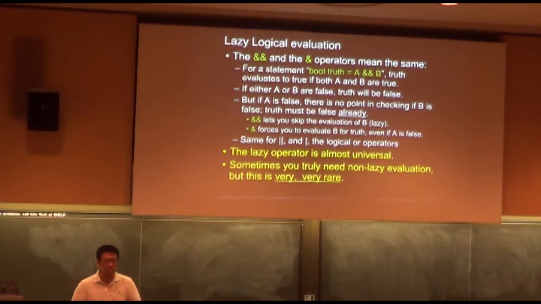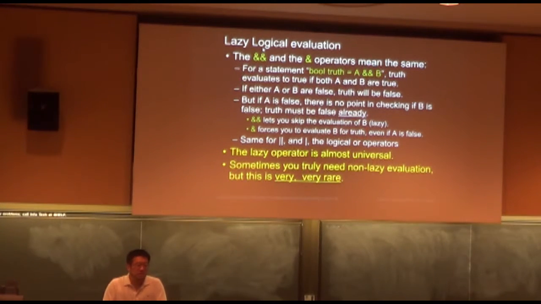We'll see more complicated examples, but this is generally not the issue. In maybe 20 years of programming, I've only needed non-lazy evaluation once, and I've never needed it again. So you will use this extremely rarely.